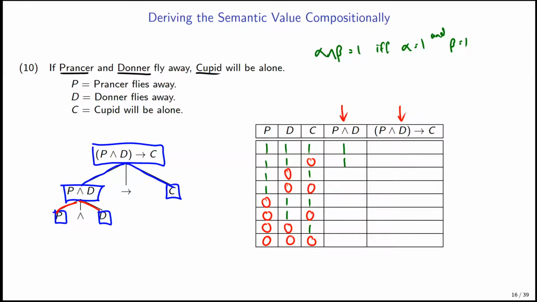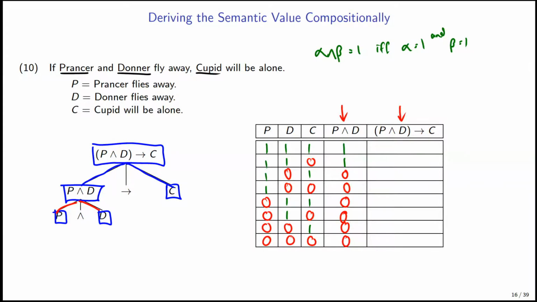So at least one of those is false, so P and D is false. In the 5th, 6th, 7th, and 8th row, P is false in all of those. So the conjunction of P and D will be false as well because we need both of those things to be true. So our column for P and D tracking its truth is 1, 1 in the first two situations and false in all the rest.